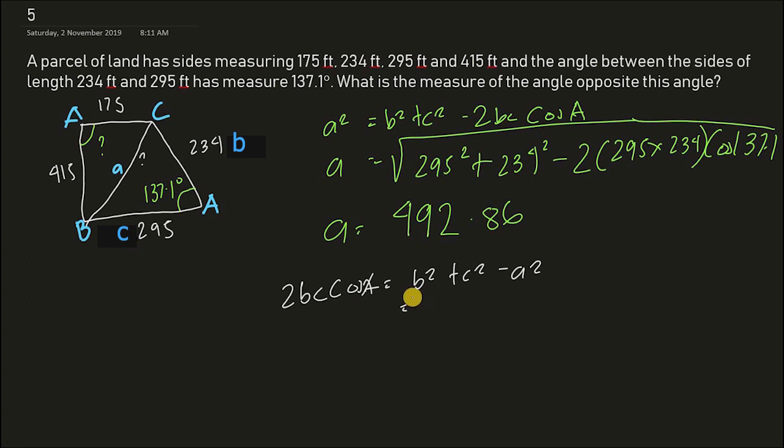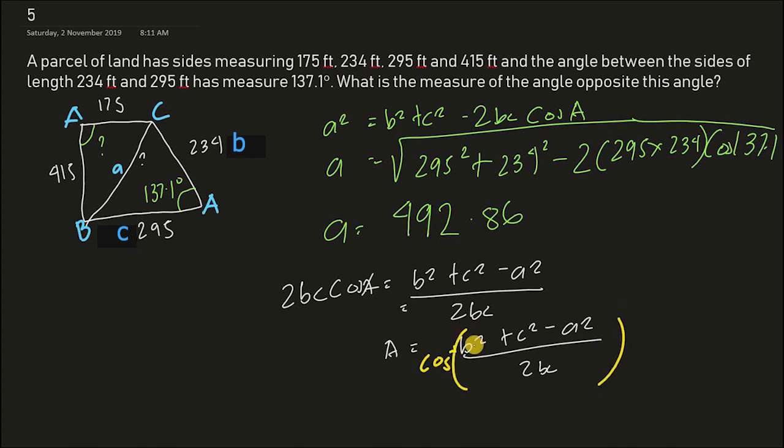So, transpose natin yung B squared sa kabila. 2BC, I should say. So that's cosine A is equals to B squared plus C squared minus A squared over 2BC. So, ibig sabihin, this would be equal to the cosine of negative 1 of this term.